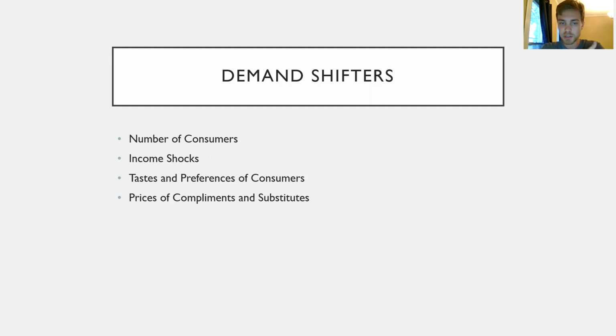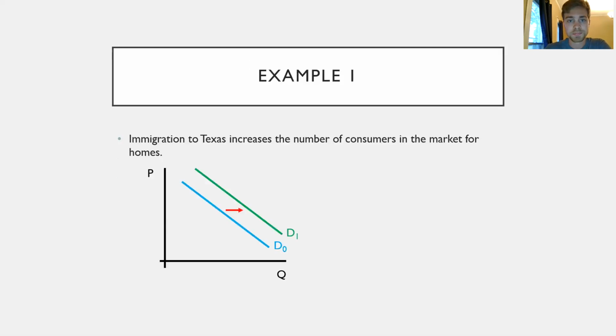So price of jelly goes up, quantity of peanut butter bought will go down. And of course, substitutes. Coca-Cola and Pepsi are substitutes. If the price of Pepsi goes way down, people will buy less Coca-Cola because they'll be switching from Coke to Pepsi because they're pretty good substitutes.